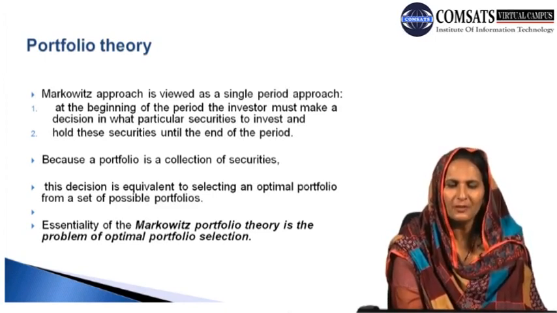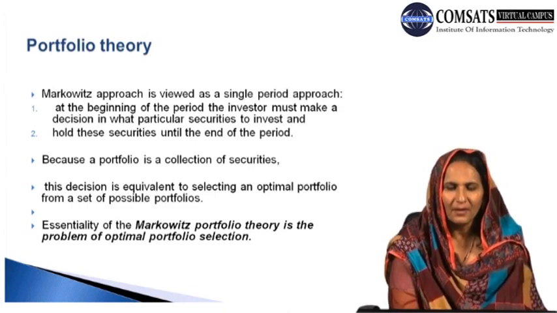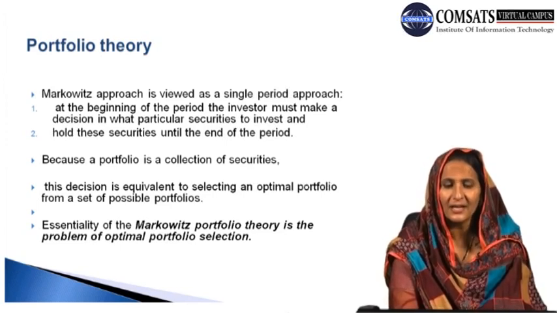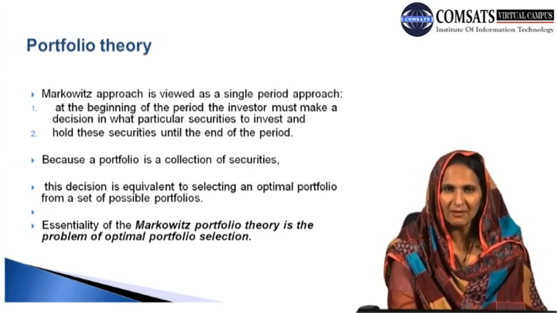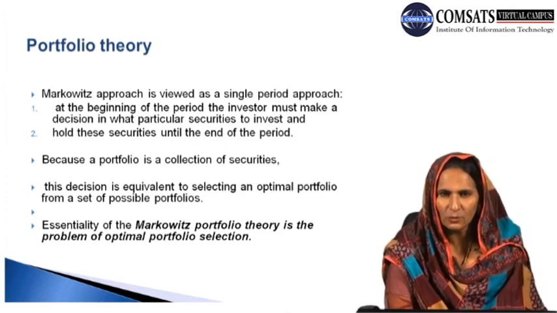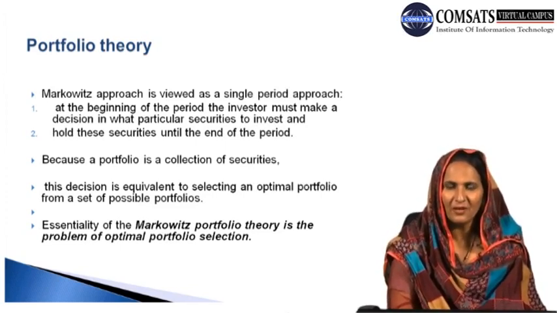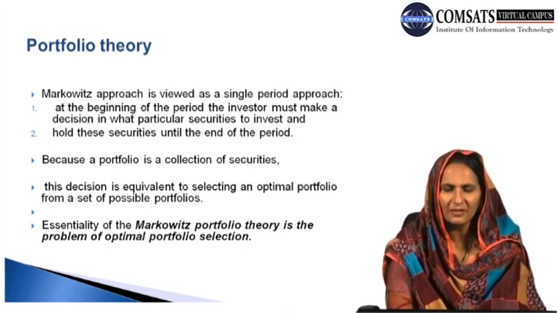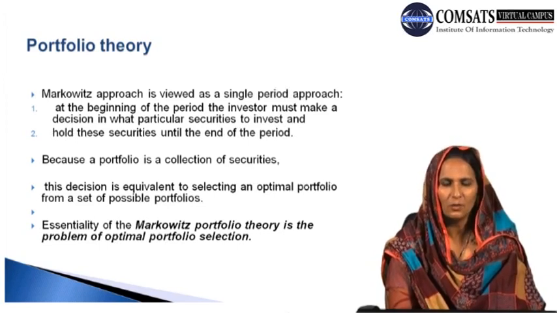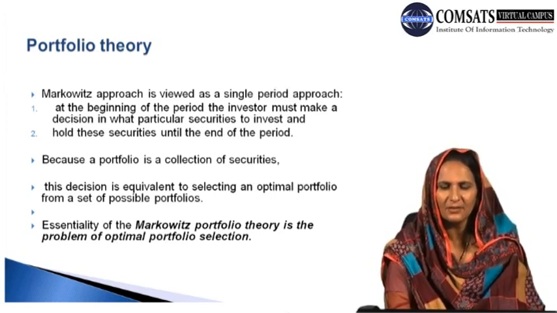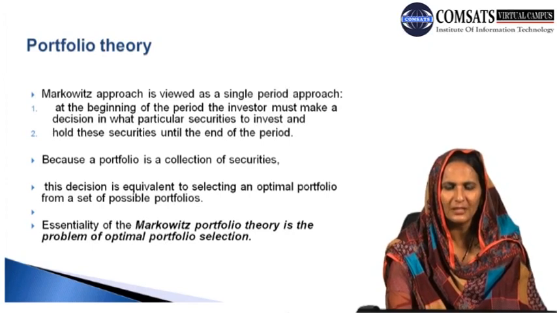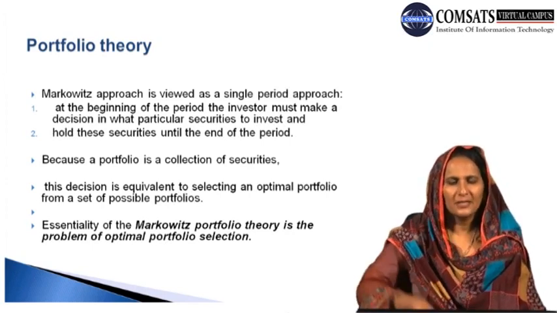A portfolio is a collection of securities, bonds, stocks and certificates, and the objective of the investor is to have the most benefit with the least risk and the least cost, so we can say the objective of the investor is to have the minimum cost and least cost combination. This decision is equivalent to selecting an optimal portfolio from a set of possible portfolios. Essentially, Markowitz's portfolio theory is the problem of optimal portfolio selection.